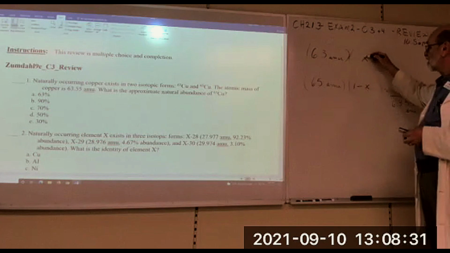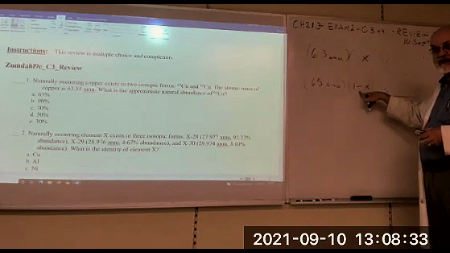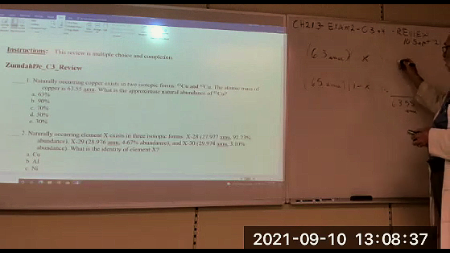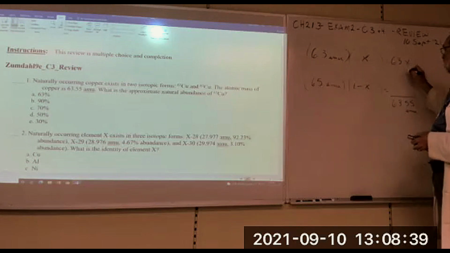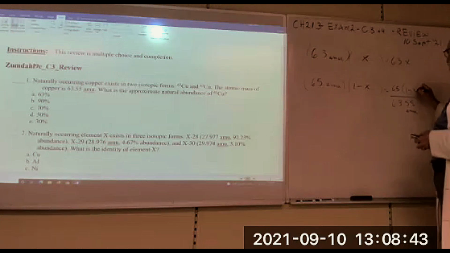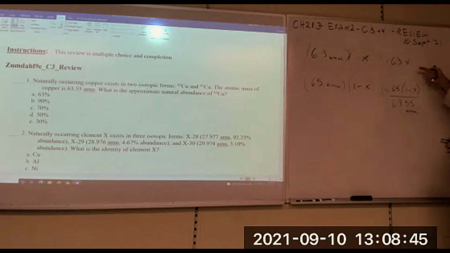Make that one X, then this one has to be 1 minus X. That's what's left over. Okay, so now we get 63X, and this is 65 times 1 minus X. These two added together equals that.